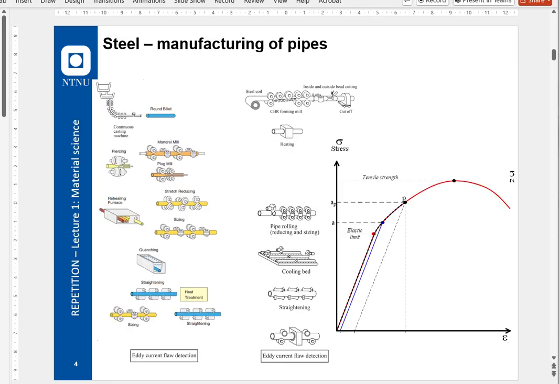We talked about the atomic level lattice structure of steel metals and how the different processes in manufacturing of pipe influence the steel and its properties, how it connects back to the atomic level, and of course how we reintroduce properties that turned sour for us during this process of manufacturing.